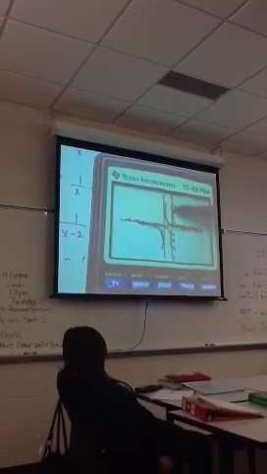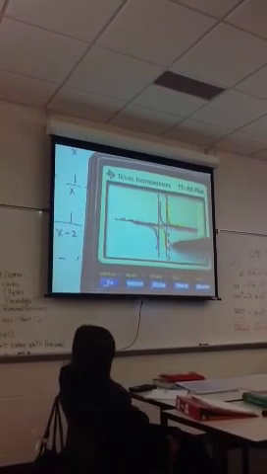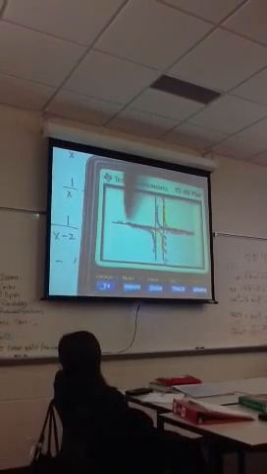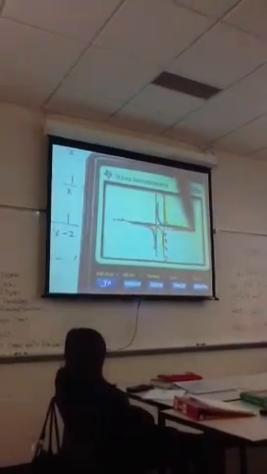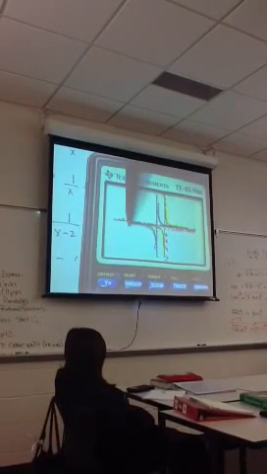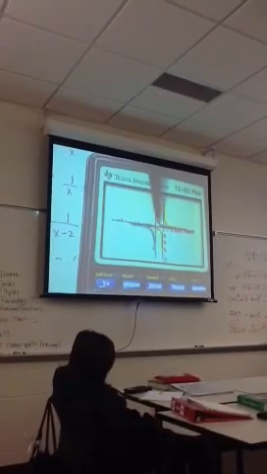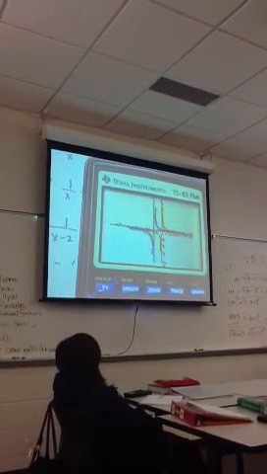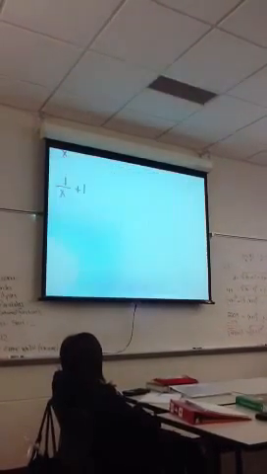So I have a line here at x equals 2 that I'm getting closer to, but I'm not touching, and a line here at y equals 0 that I'm getting closer to, but never touching. And I'll show you exactly how we find those on our graph in just a second.